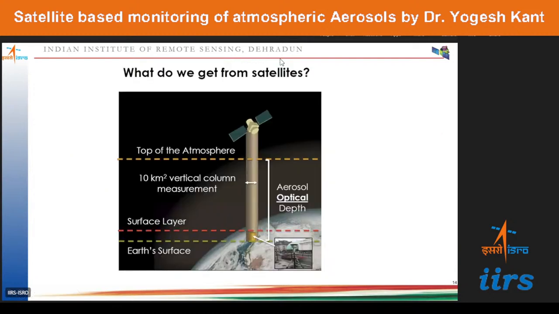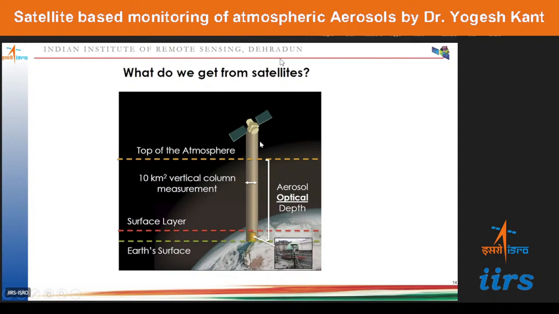Now, when we talk about the satellites, how do the satellites measure it? The satellite measures from a distance in the sky, and they provide the atmospheric column reflectances.